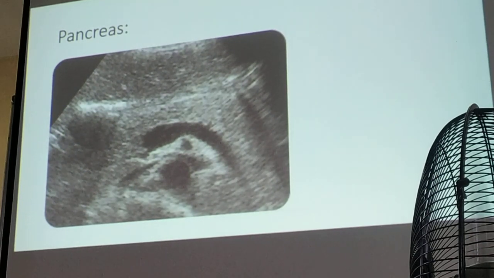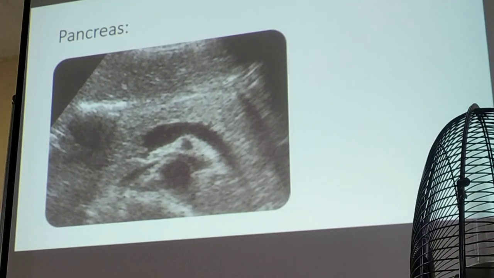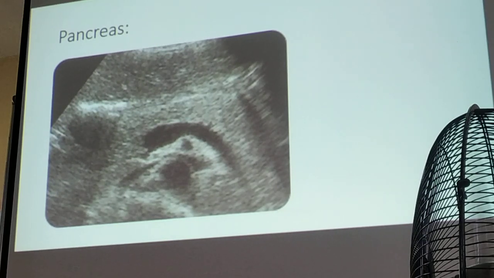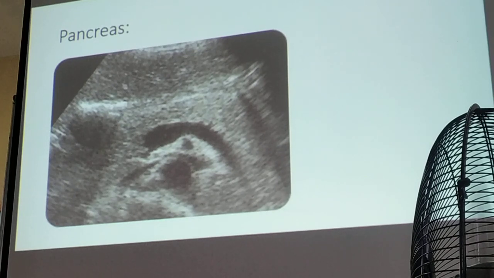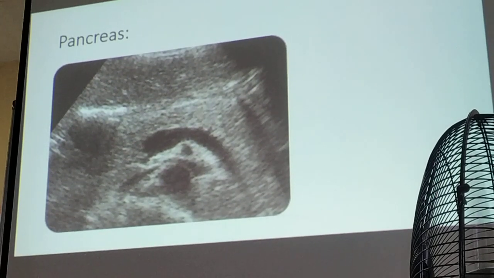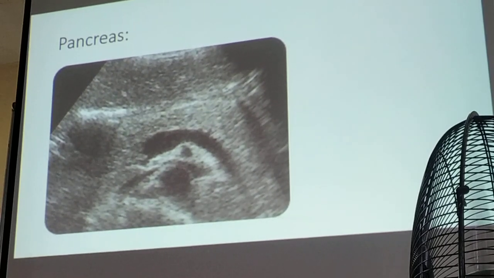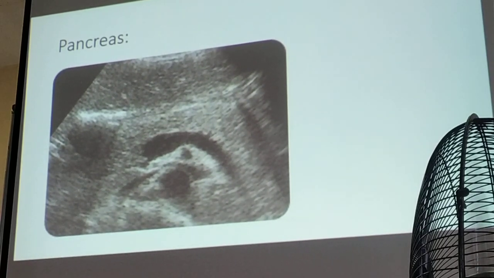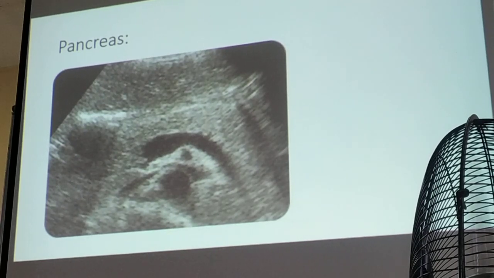So, what combined with your mesenteric vein to form your splenic vein? The superior mesenteric will join together with your splenic to form your portal vein. Definitely, I'm not going to ask you that. But your portal vein would be the combination of your superior mesenteric and your splenic.